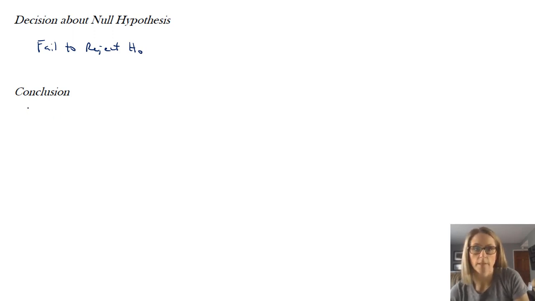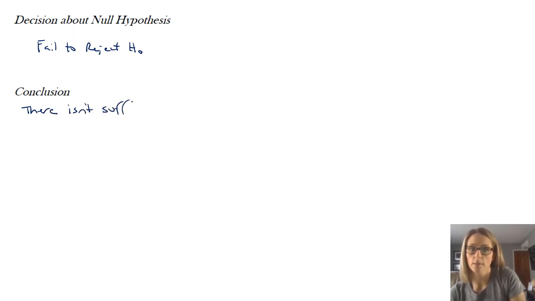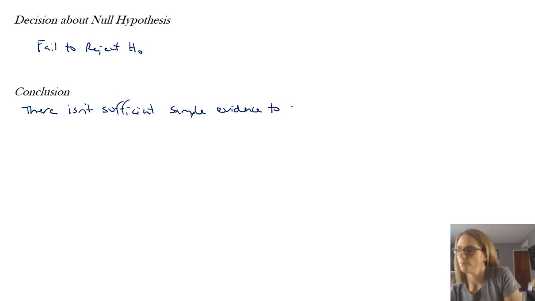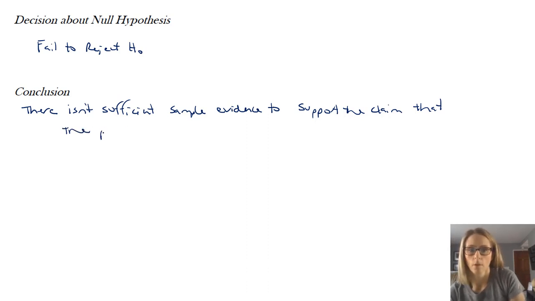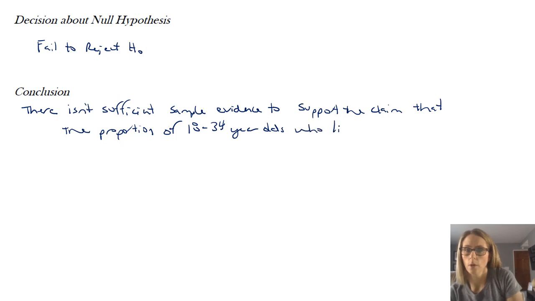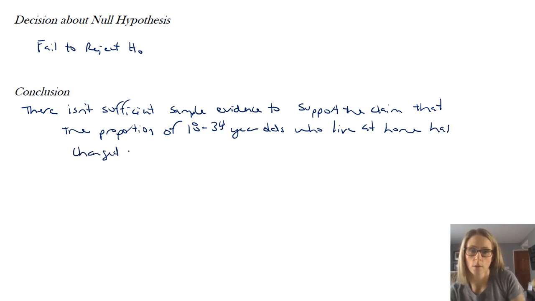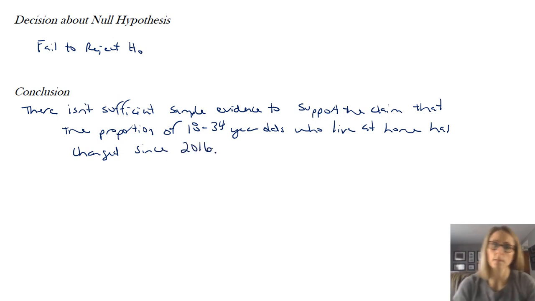The conclusion that we make in this case is, when you fail to reject H naught, there isn't sufficient sample evidence to support the claim that the proportion, and then we can just reiterate the claim right from the problem, of 18 to 34-year-olds who live at home has changed since 2016.